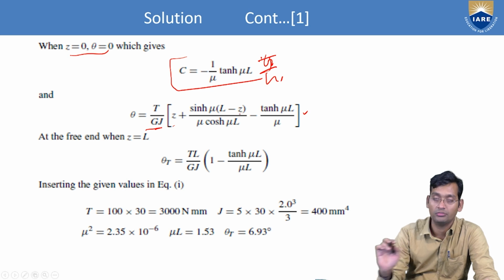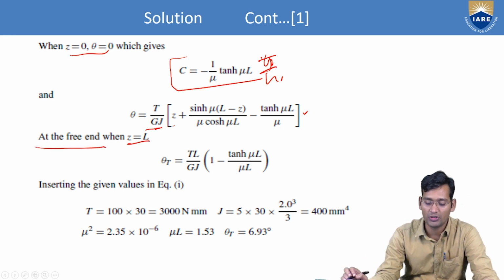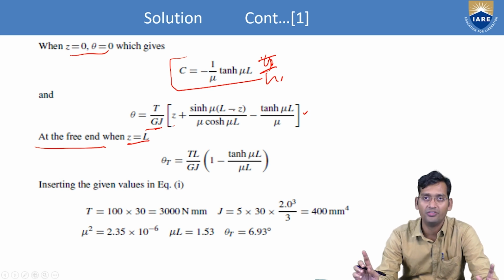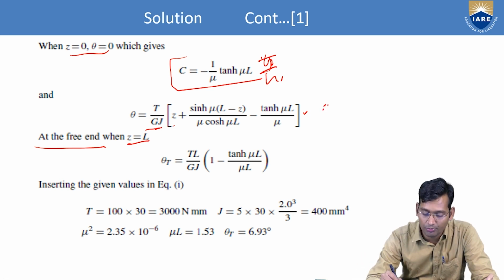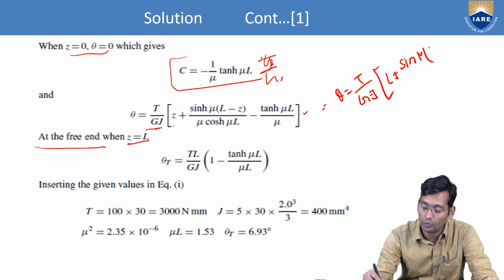Now again, we have to remove the Z. So at the free end, when Z equals L, put here the value of Z as L. So what do we get after putting that? Theta equals T by GJ into, with Z equal to L, L plus sinh mu (L minus L) by mu cosh mu L minus tanh mu L by mu.